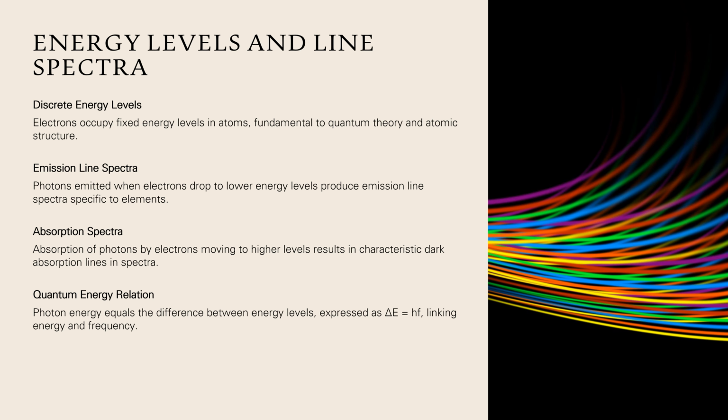Conversely, absorption spectra occur when photons are absorbed, causing electrons to move to higher energy levels. The energy of each photon corresponds to the difference between energy levels, given by E equals hf. Line spectra provide strong evidence for quantized energy levels and are used in applications such as chemical analysis and astrophysics.